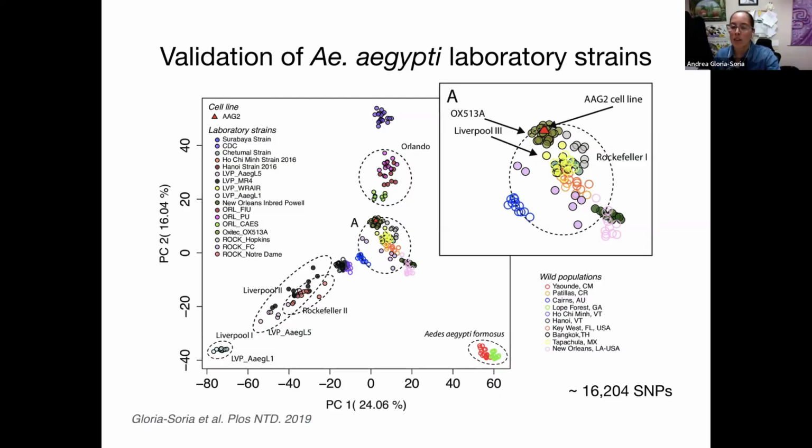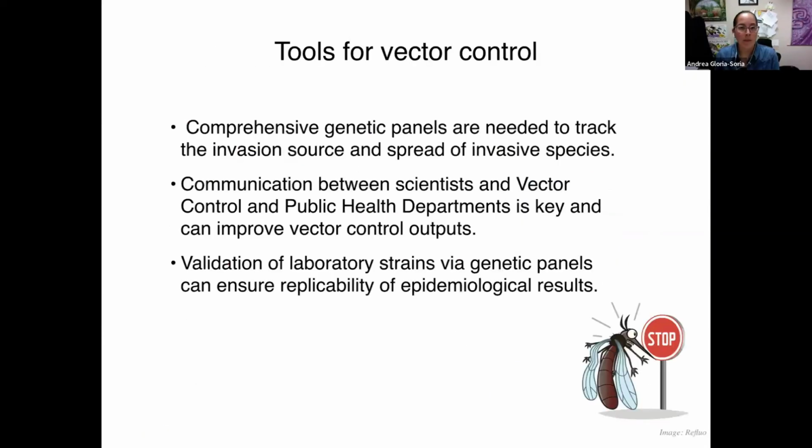That's a collection that originally came from Florida and has now been colonized in multiple labs, and it seems to still be close to Florida and seems to have not diverged as much as the Liverpool and the Rockefeller strains that I just mentioned before. And so I think that having panels like this is, again, useful, especially if you're trying to replicate the results from a fellow lab or even results you had done in the past, to ensure that your resources are still the same.